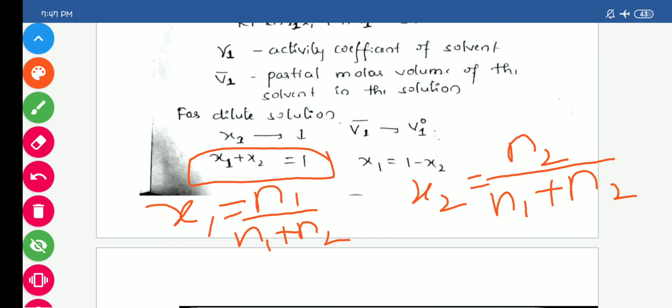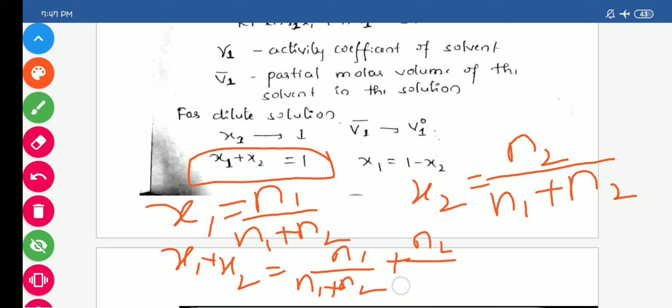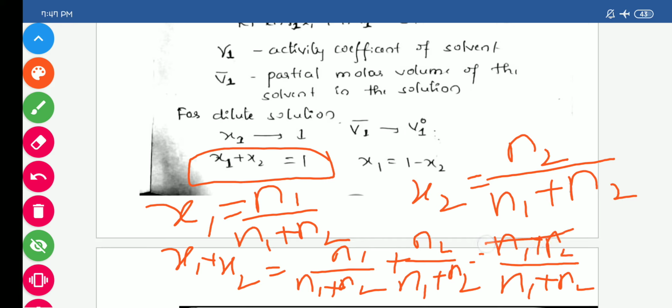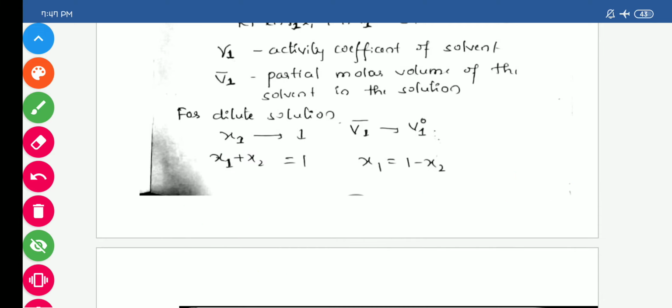When you add these two, x1 plus x2 is N1 divided by N1 plus N2 plus N2 divided by N1 plus N2. Here the denominators are the same, so I take N1 plus N2, and what remains in the numerator is N1 plus N2. Both the numerator and denominator are the same, so we get 1. This is how we get x1 plus x2 is equal to 1.